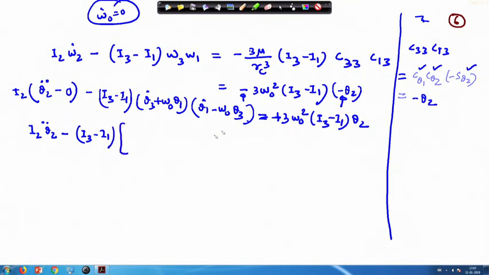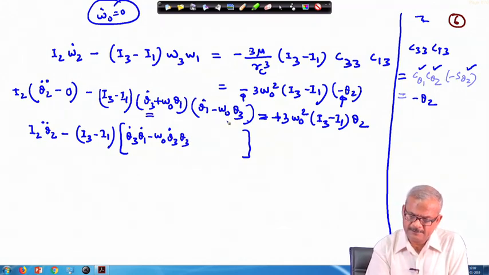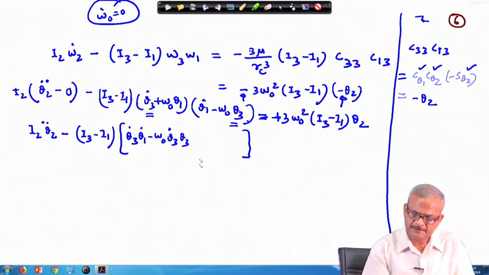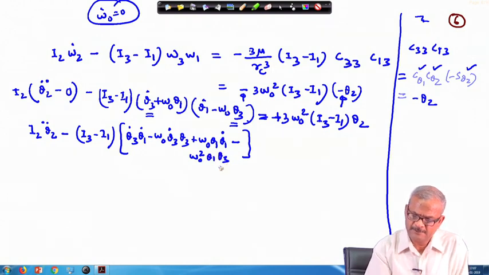Now, expand this particular part. If we expand it, what we see is theta 3 dot theta 1 dot, then minus omega 0 times theta 3 dot times theta 3, then plus omega 0 times theta 1 times theta 1 dot, and finally minus omega 0 square theta 1 times theta 3.